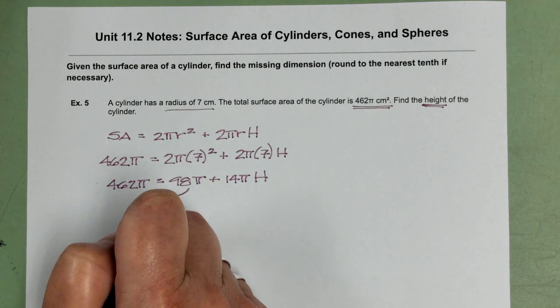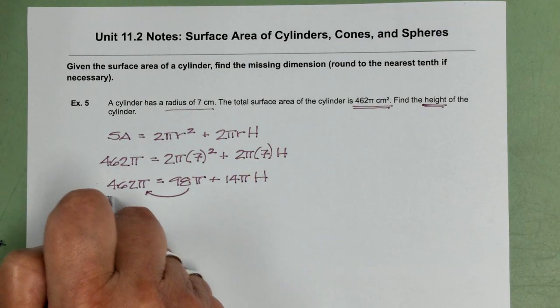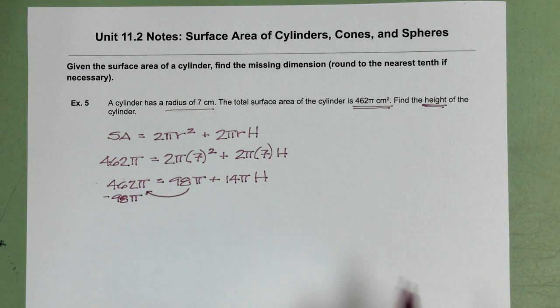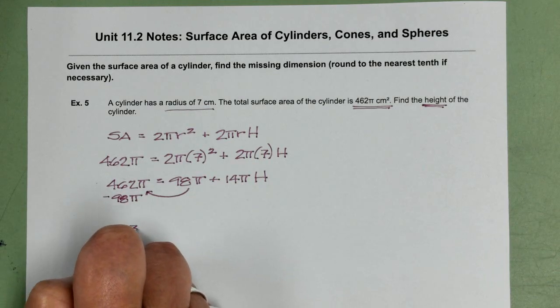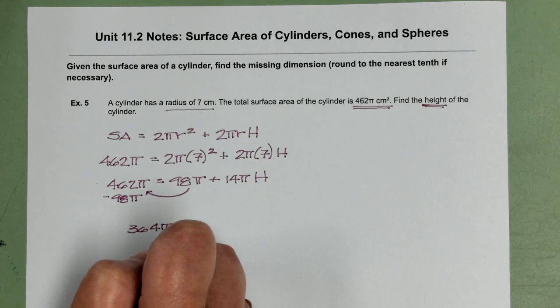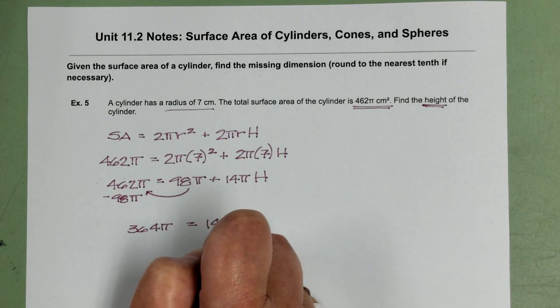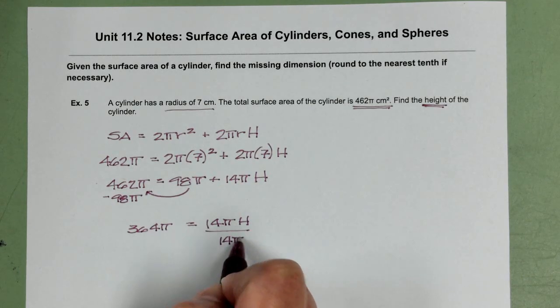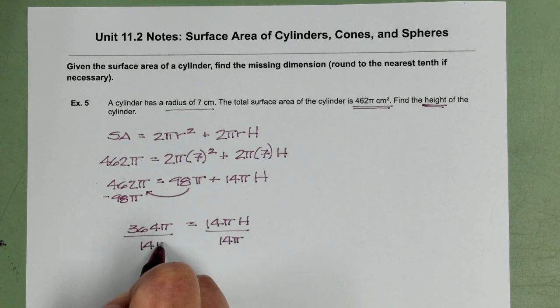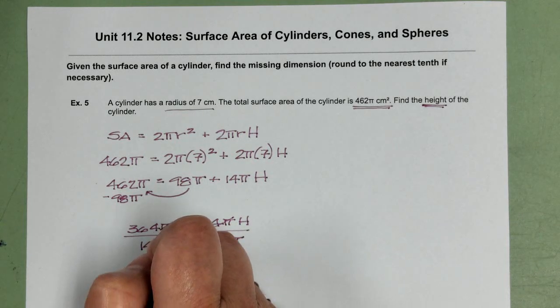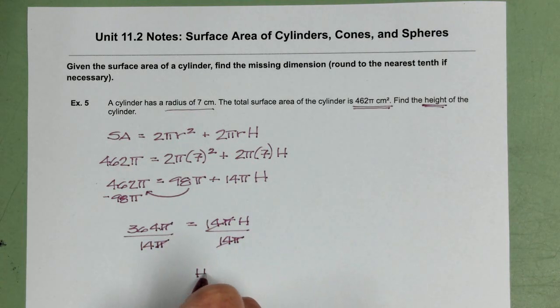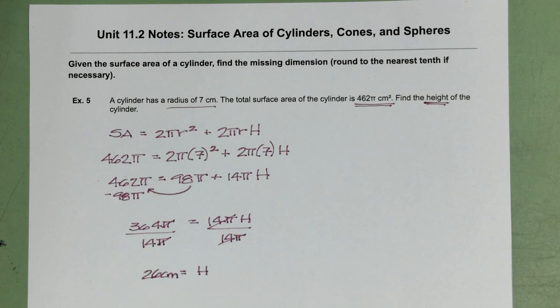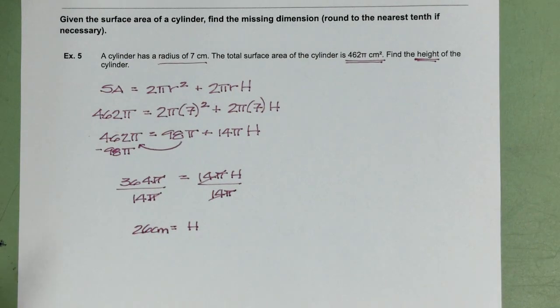We need to subtract the 98 pi, which gives us 364 pi equals 14 pi h, and then divide by 14 pi. Notice your pi's will cancel out. And you get h equals 26 centimeters. And you have solved for h.